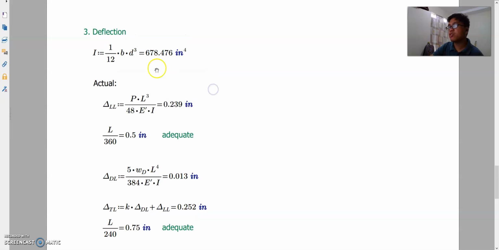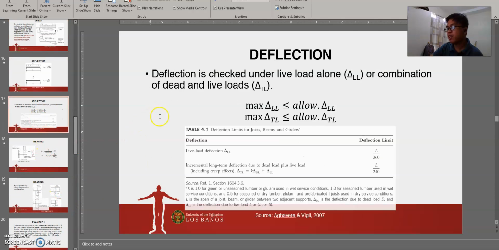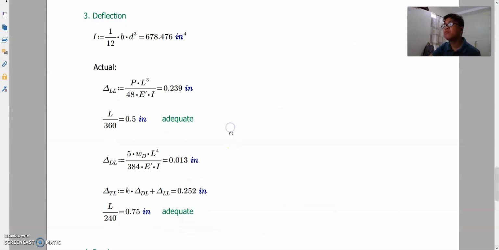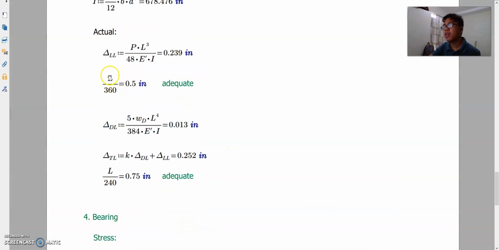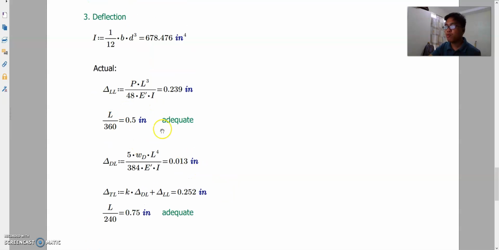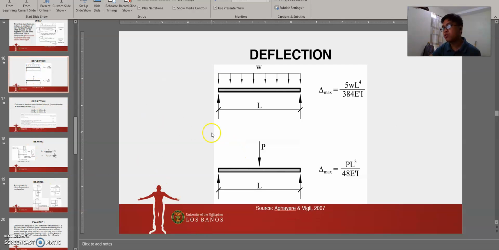Next, deflection. So, I already computed for the moment of inertia, and as we have mentioned in the lectures, it is divided by two criteria, live load deflection and then the total load deflection. For live load deflection, we have L over 360, which is 0.5 inch. Now, to compute for the actual deflection, it depends on the loading configuration.